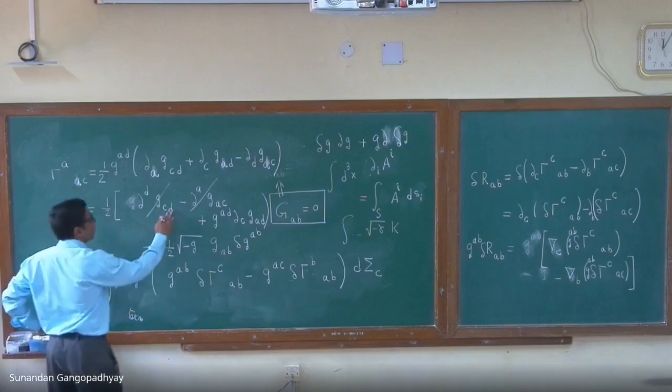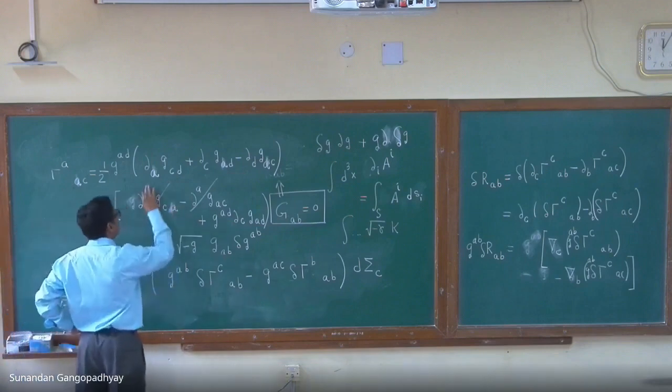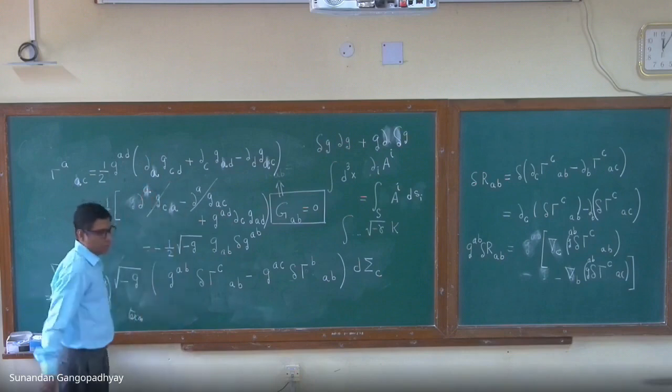Because D টা তুমি A করে লিখবে, D টা dummy index.